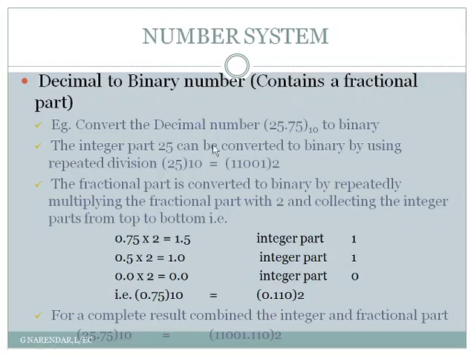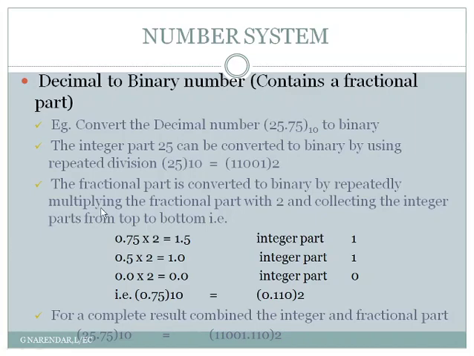Here in this example, the integer part is separated and converted to its equivalent binary by using repeated division, and the fractional part is separated. The fractional part is converted to its equivalent binary by using repeated multiplication and collecting the integer parts each time.